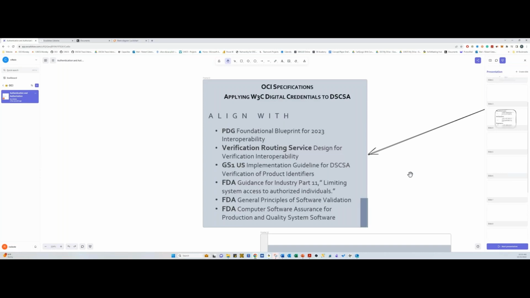And the one area we left off here was the NIST standard for authenticating the identity of another trading partner or another entity. And this is the step where the issuer is going through to identify the entity that's requested either an ATP equivalent, or a DSCSA authority credential.